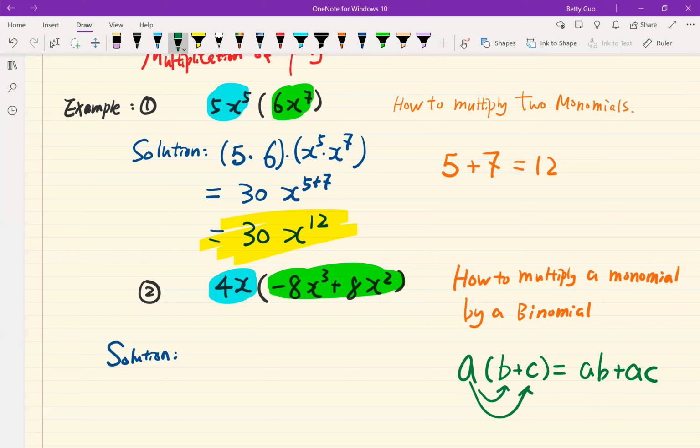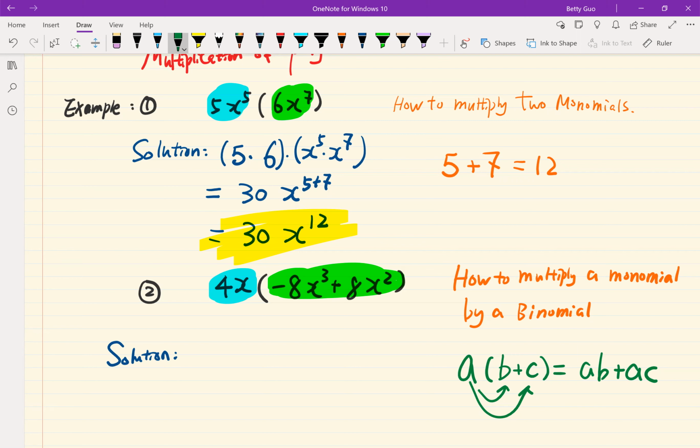Inside the parentheses, we have two members, B and C. When we remove the parentheses, the coefficient multiplies each single term in the parentheses. That's the distributive property we learned in chapter 1. We're going to use the same rule here to multiply a monomial by a binomial.